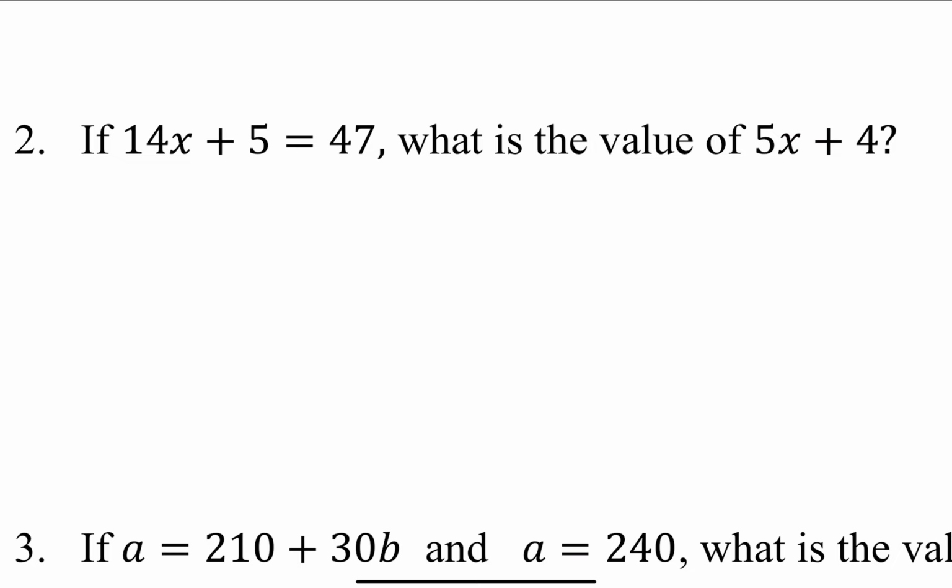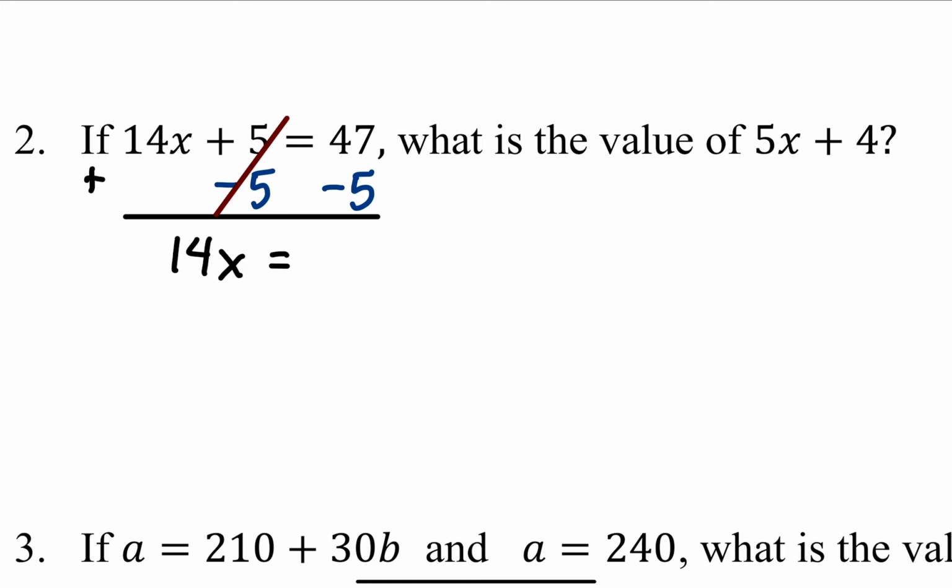So first, we have 14x plus 5 is equal to 47. We use the subtraction property of equality, subtracting 5 from both sides of the equation. Then 5 minus 5 will be cancelled because it's 0. Bring down 14x. 47 plus negative 5, or 47 minus 5, is 42.